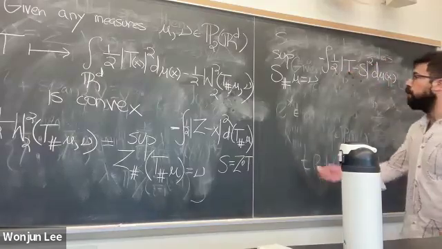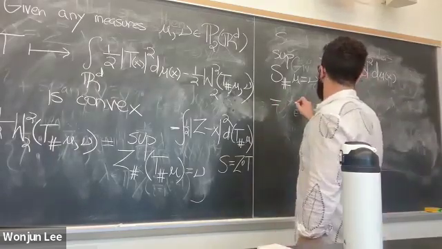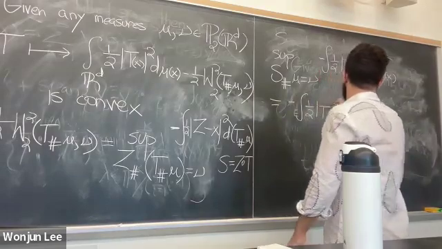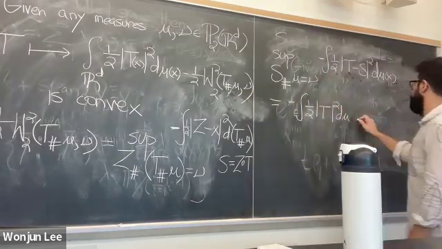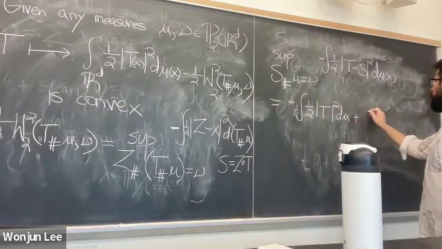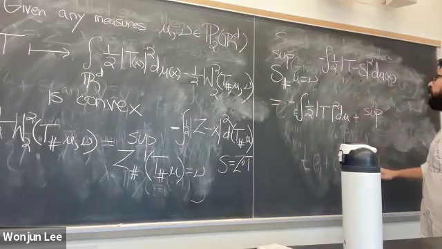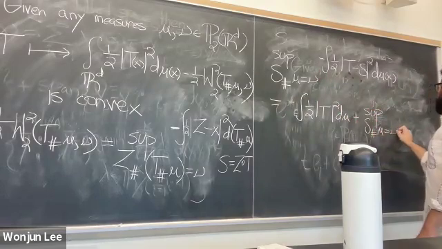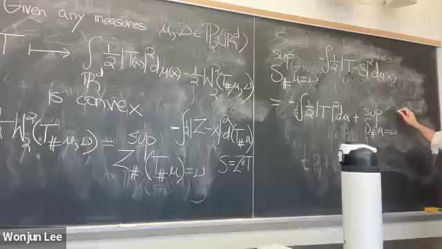And so I can write this as plus this supremum over, and rather than say linear, I should really be saying affine.